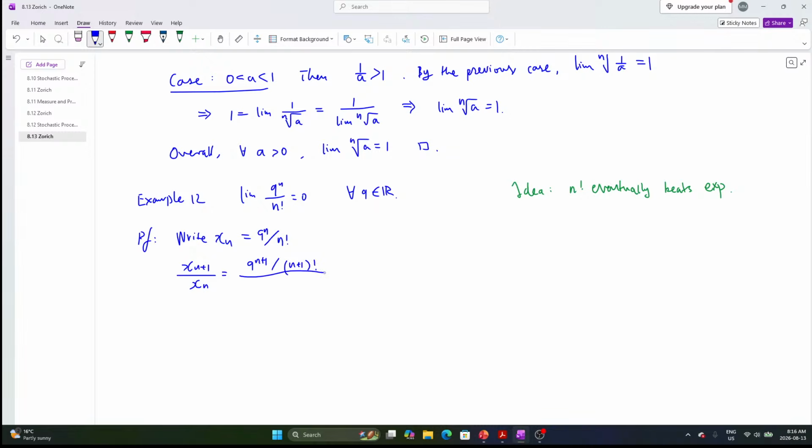It's kind of like ratio test, right? In calculus, kind of like ratio test for series in calculus. Divided by q to the n over n factorial. So now you have q over n plus 1. That's the result of the algebra. And obviously this will tend to 0 as n tends to infinity. And this is true for all q. Oh, sorry, yeah, this is true for all q.